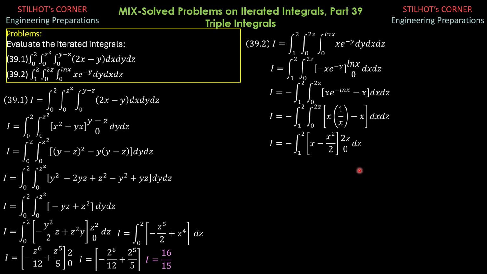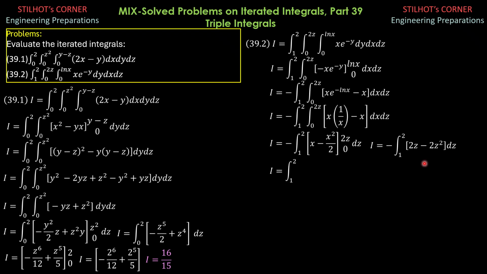Substituting limits, we have I equals negative integral 1 to 2 of negative 2z, negative of negative 2z. So that would be 2z, then minus 2z squared over 2 is negative z squared dz.